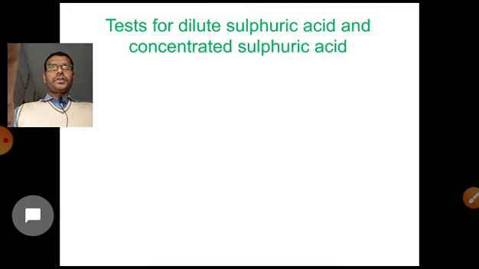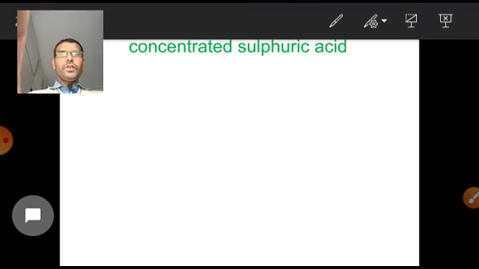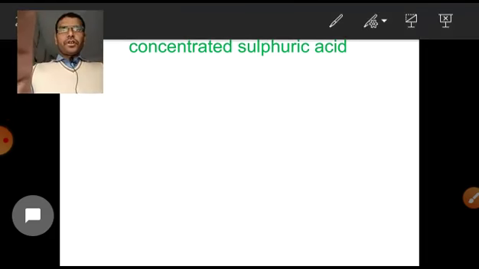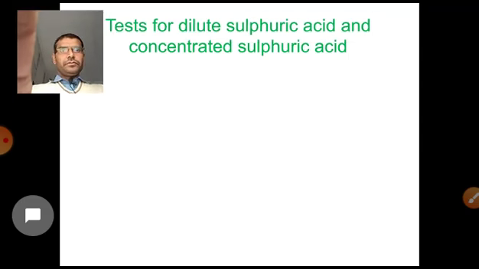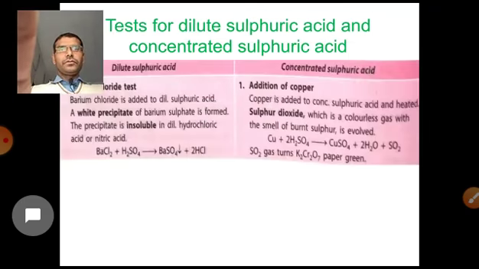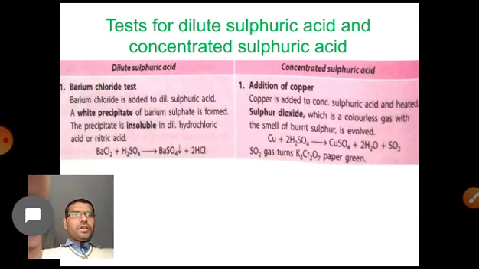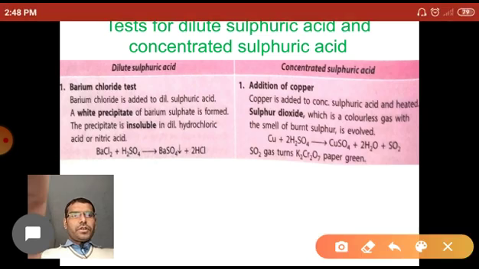First, the test for dilute sulfuric acid and concentrated sulfuric acid. In this column the dilute sulfuric acid, and in this column the concentrated sulfuric acid. The dilute sulfuric acid is tested by using barium chloride.